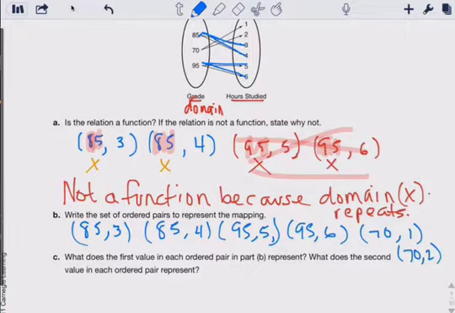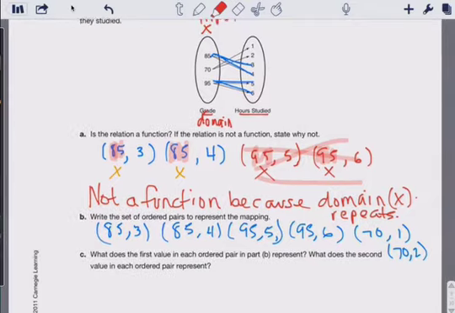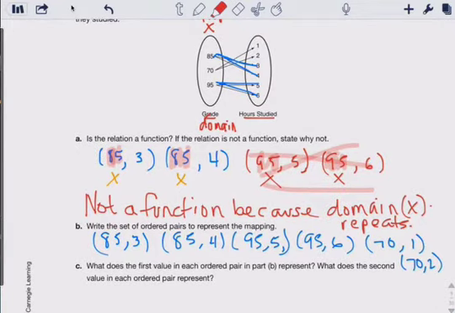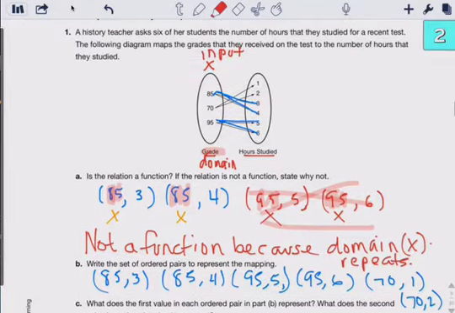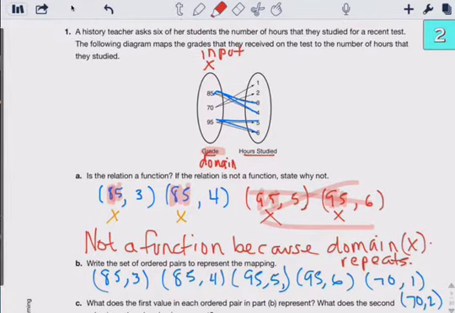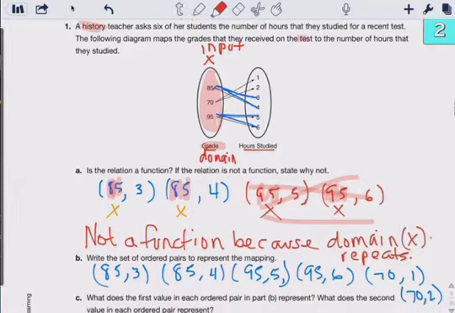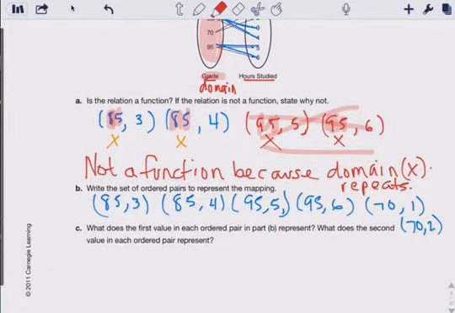What does the first value in each ordered pair represent? Well, in this case, the first value in each ordered pair represents the grade. We can have names or whatever input, but in this case, these scores are the grades on the history tests. So the x represents the history test.